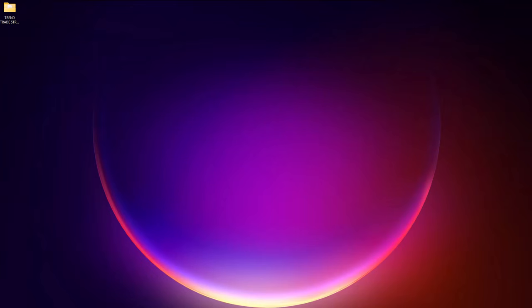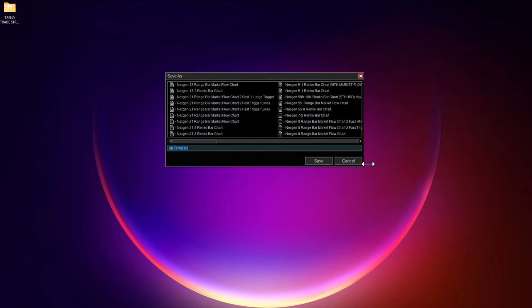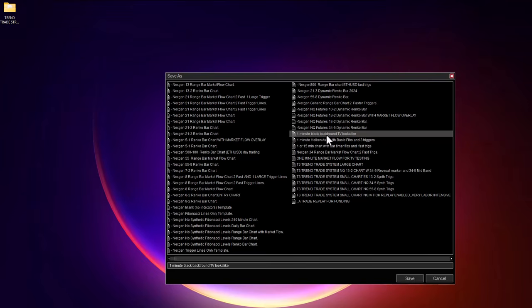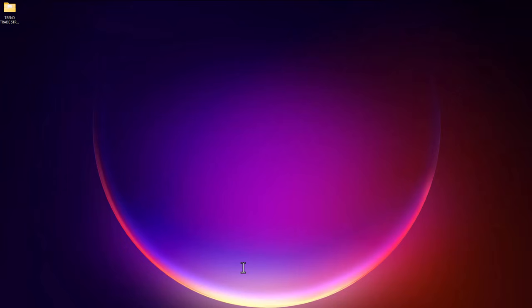Let me save my chart templates while I'm at it. Save as. I just want to save my chart templates just to make sure that I've got the right ones because obviously I was missing something. 1 minute black TradingView lookalike with market flow.